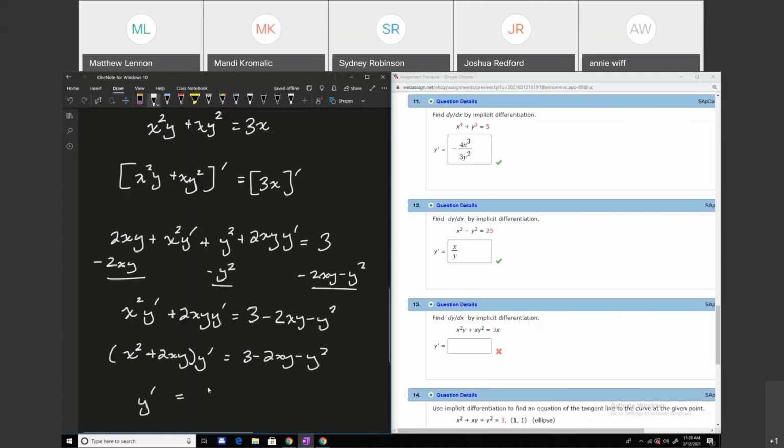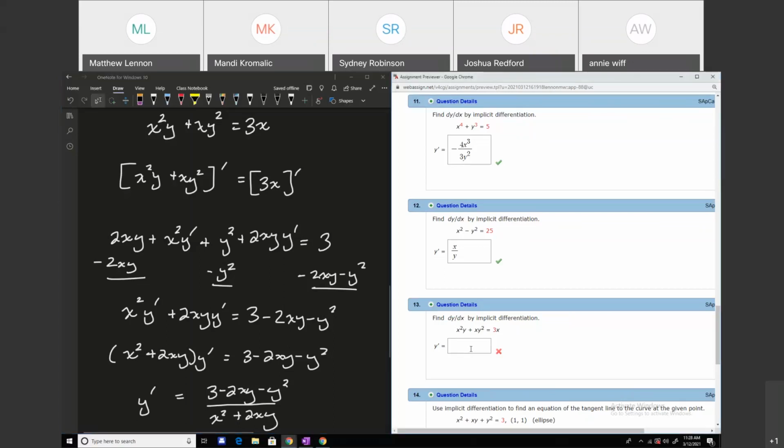So it's this big mess, but it's the typical kind of pattern. You just have a bunch of product rules and then factor out the y prime that's left over, and then we get some big rational derivative in two variables. So 3 minus 2xy minus y squared, all being divided by x squared plus 2xy.